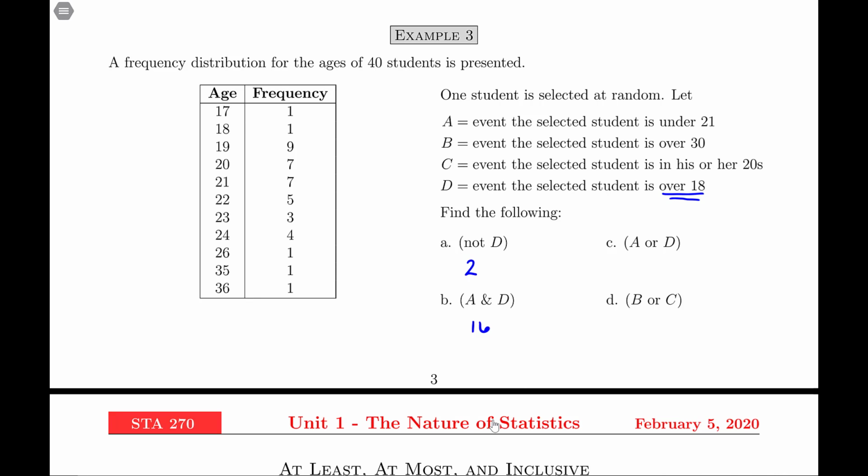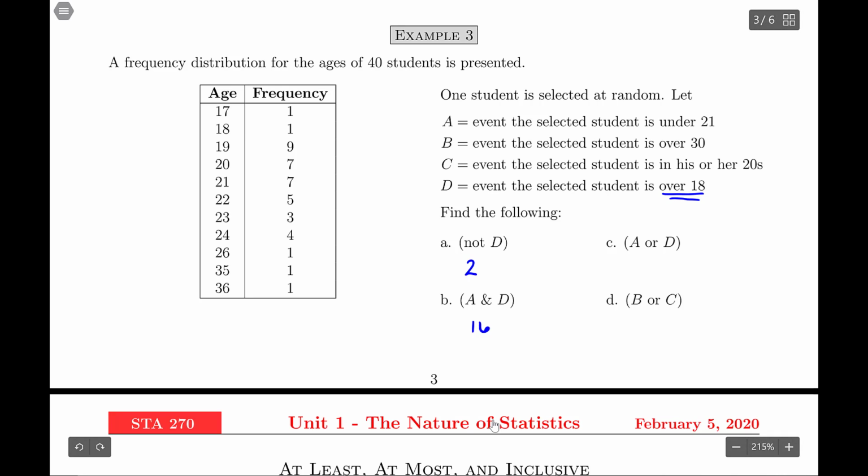Part C is that situation where we have the or. So there's going to be overlap, but in this case we're going to see how this works out. So first of all, the student is going to be under 21. We also have the event that the student is over 18, or they are both under 21 and over 18.